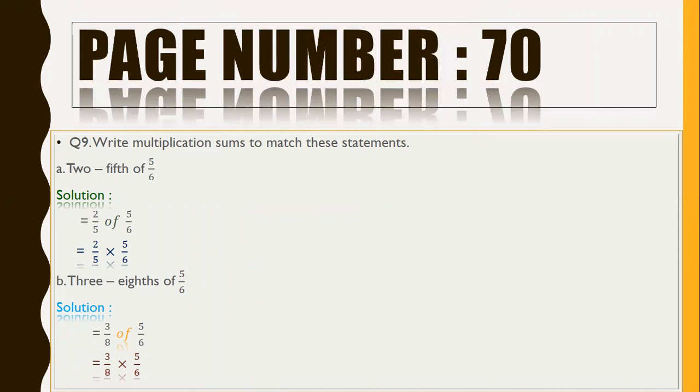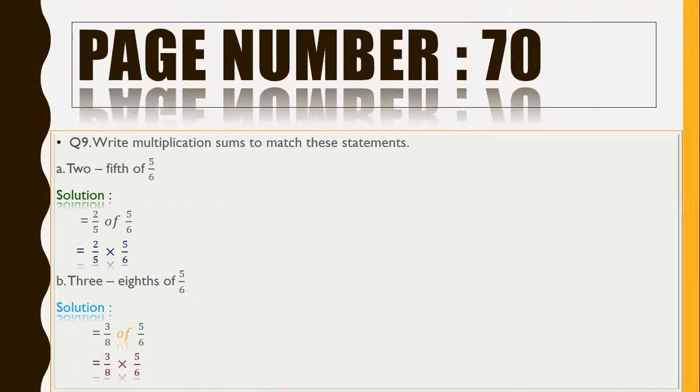You see that the first part is in words and the other is in fractions. So we convert the word part into a fraction and we see which fraction will be there, and then we multiply it with the other fraction. Not exactly multiply, only symbolically we represent it.